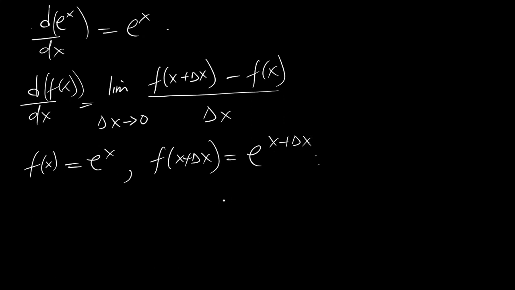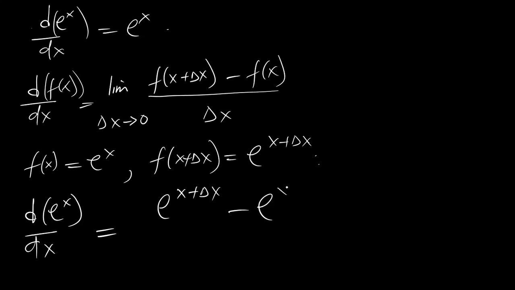Now substituting this into the equation, you now have d e to the power x over dx is equal to the limit, when delta x tends towards 0, of e to the power x plus delta x minus e to the power x all over delta x.